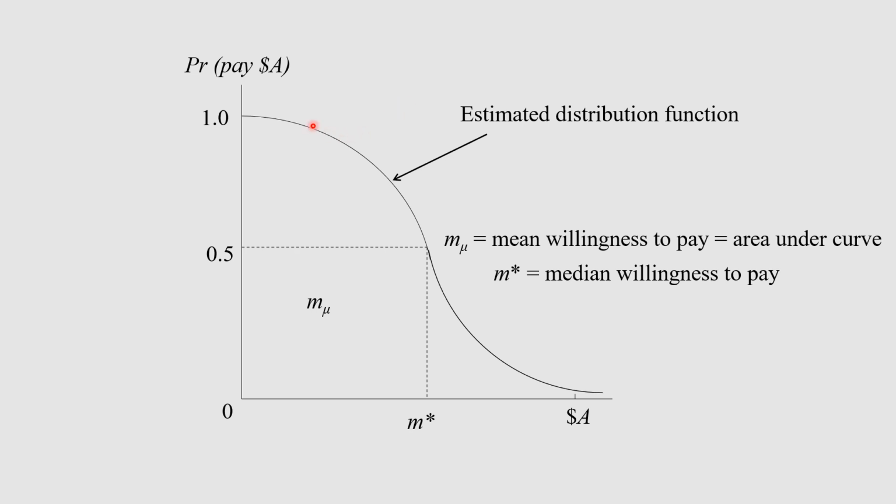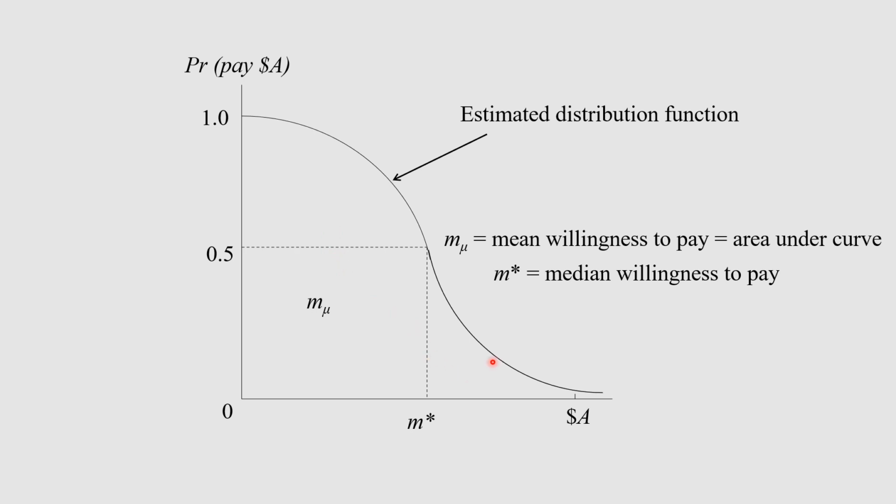Now, using some fancy econometrics and some regression analysis, it's possible for an economist to estimate this distribution function for the random utility maximization model, as long as they have enough information on people's willingness to pay yes or no for varying amounts of Y that are being bid in these surveys. And you find that there are two measures. The mean willingness to pay is the area under the curve, over the entire curve.